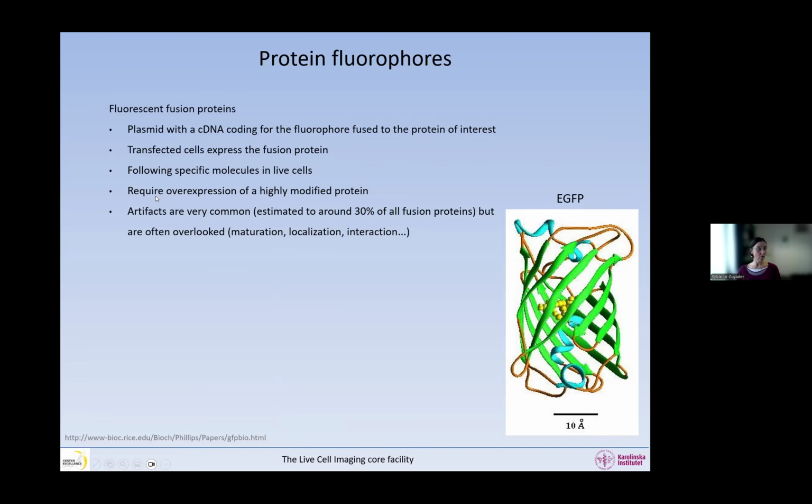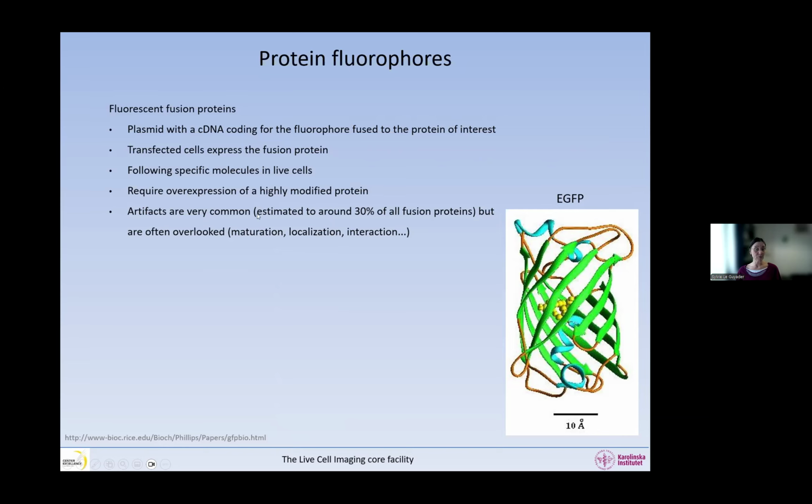The problem is that it requires overexpression of a highly modified protein. So that is not a natural state of affairs for the cell. And so artifacts are very common, estimated around 30% of all fusion proteins. This is the paper, if you want to read. But they are often overlooked.